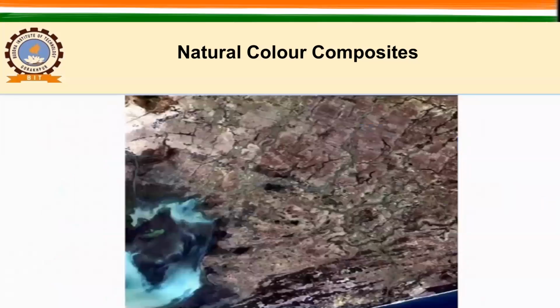अब एक आपको image दिखाता हूं. So if you see this image, it is very similar to how things appear on the ground with our eyes. ठीक है? So we can also see blue, green, and red. And here also we are using blue, green, and red. So that is why it will appear closer to how things appear on the ground with our eyes, right?